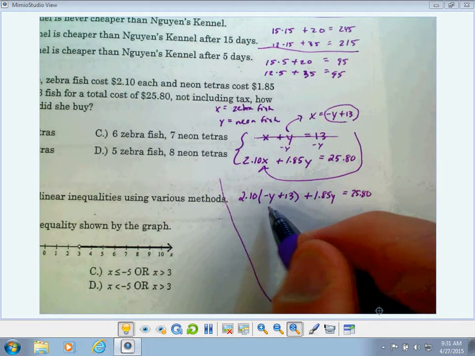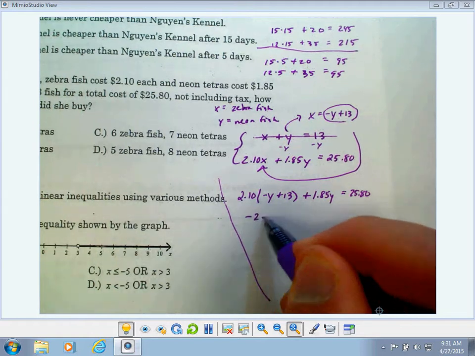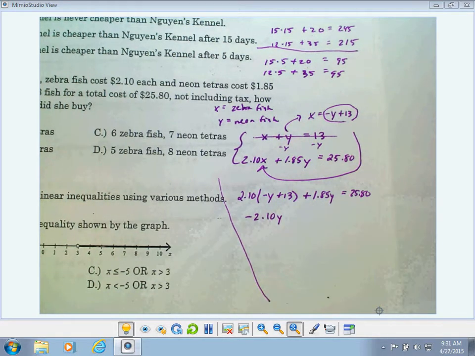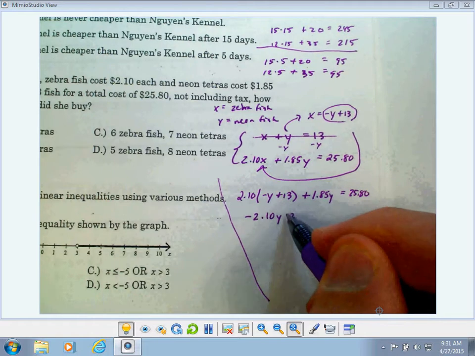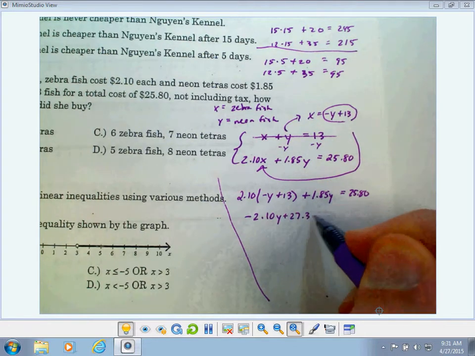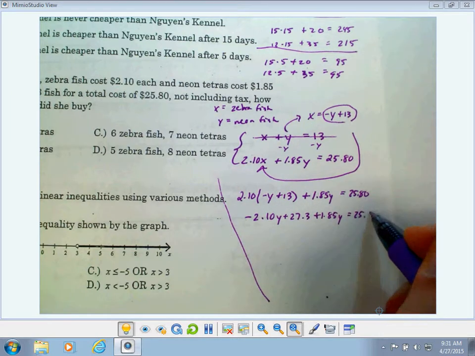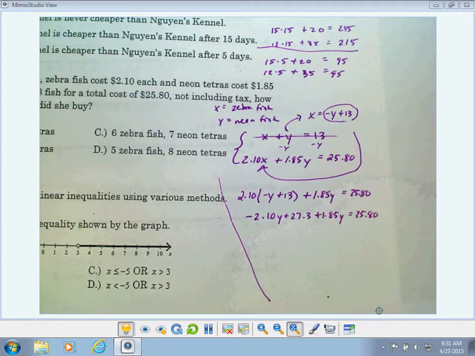So if I take 2.10 times negative y, that's negative 2.10y, and 2.1 times 13 is 27.3, plus 1.85y equals 25.80. What a mess. Combine some like terms here.